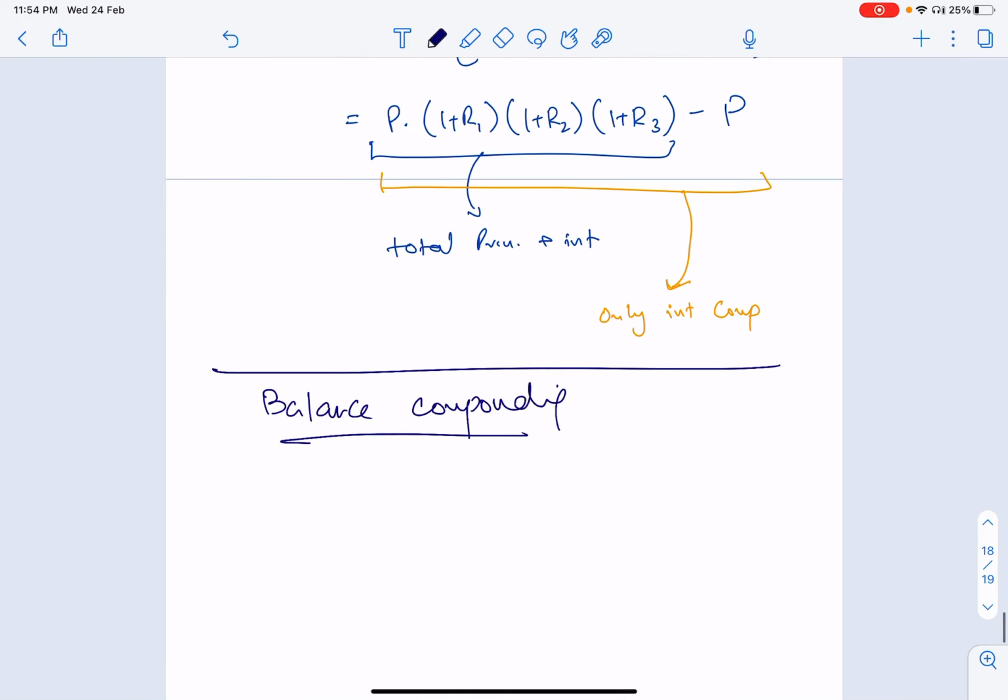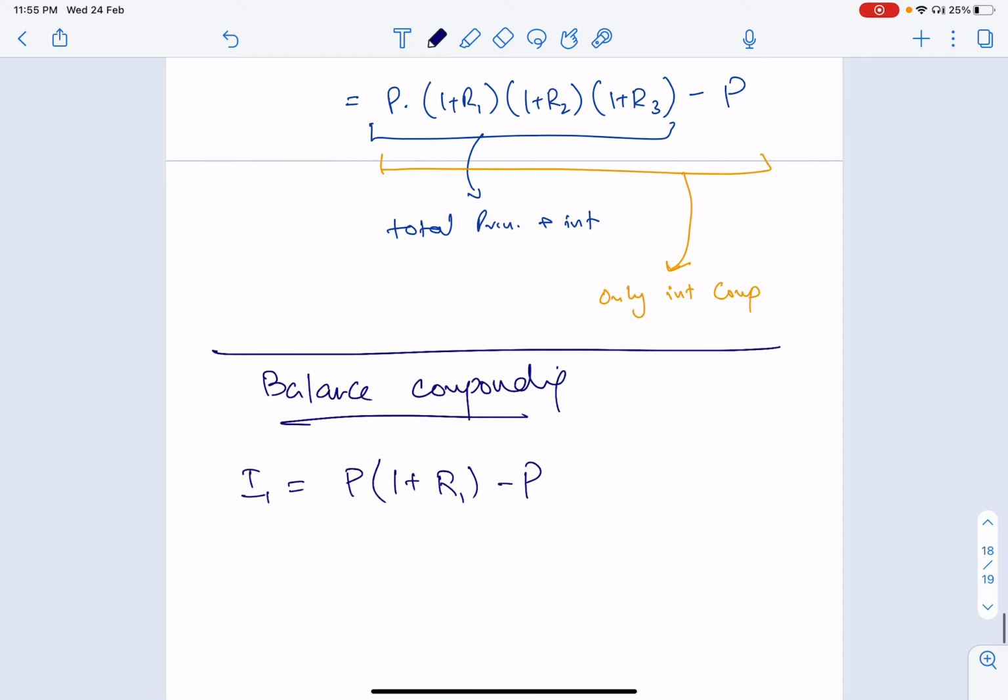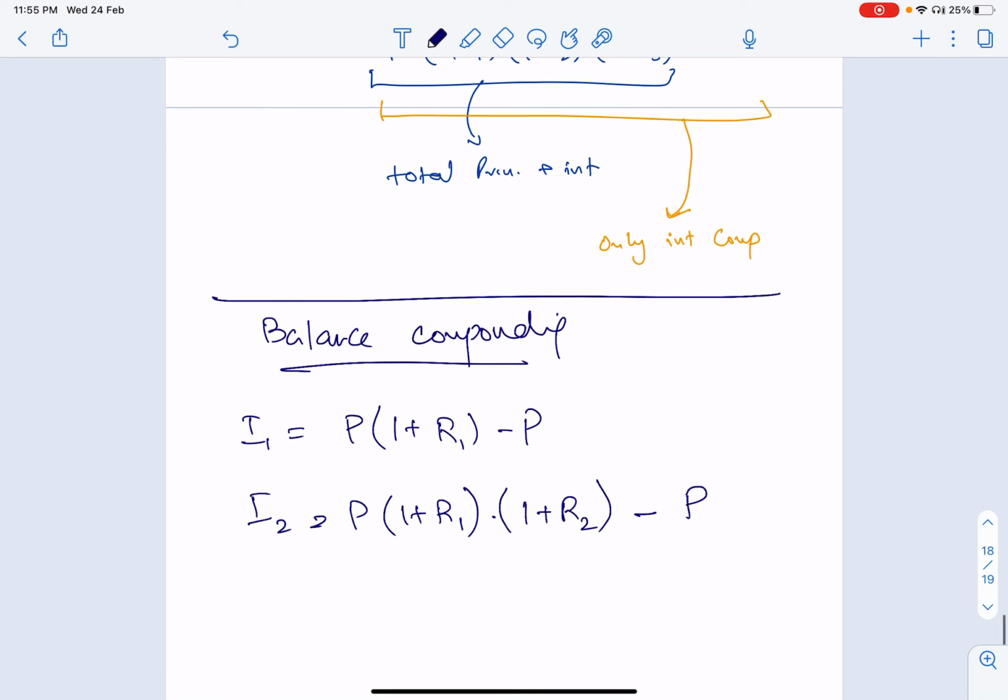What balance compounding does is simply this: if I'm just looking at the interest component, interest for day one is principal times 1 plus R1 minus P. Interest for day two is basically principal times 1 plus R1, which is the new principal after the first day, times 1 plus R2 minus P, to ensure that we are only looking at the interest.